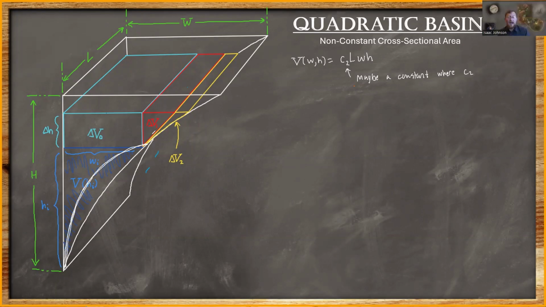It's probably not going to be exactly cylindrical, but I do think that the cylindrical version would hold less volume than the quadratic version, and the quadratic version would hold less volume than the triangular version. So if we could do a cylindrical and a triangular, we could probably squeeze and figure out an even better guess for what a constant should be. But I think for now we can say C2 should probably be less than 1/2.